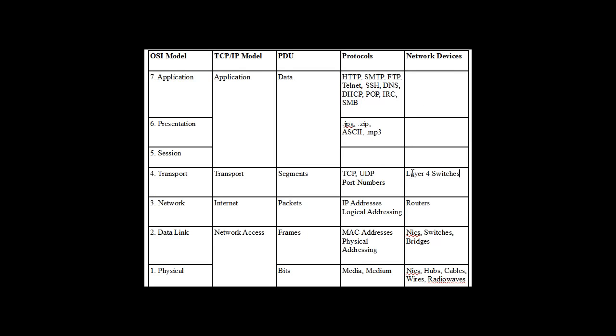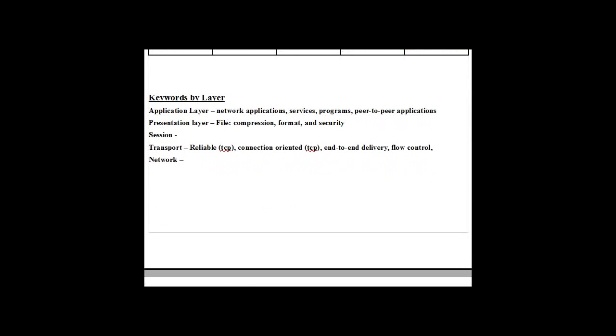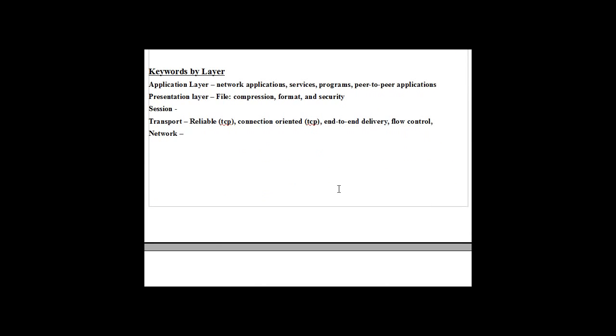All right, and we'll move over here. Keywords by layer. If you see network applications, services, programs, or peer-to-peer applications, you know you're talking about the application layer. If we're talking about reliable, connection-oriented, end-to-end delivery, flow control, those are all keywords that in this case are dealing with the transport layer.